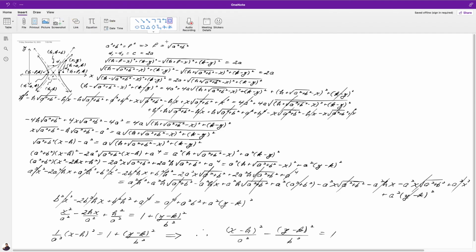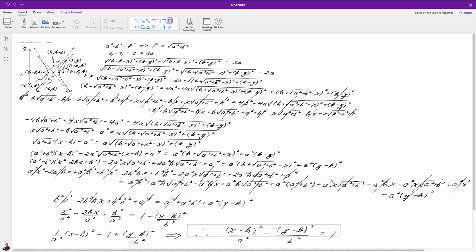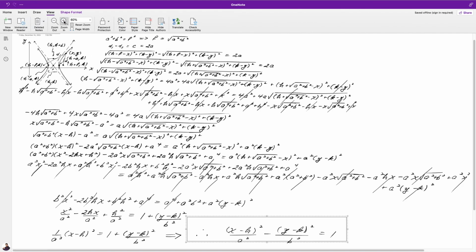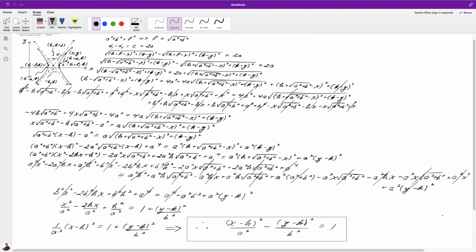Let's put a box around that. Okay, that's a very important conclusion. And let's get that cleaned up on the page. There you go.